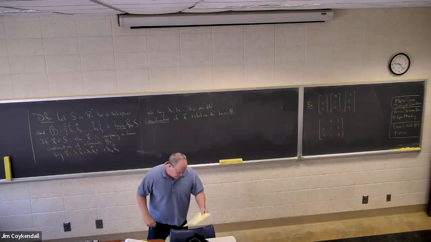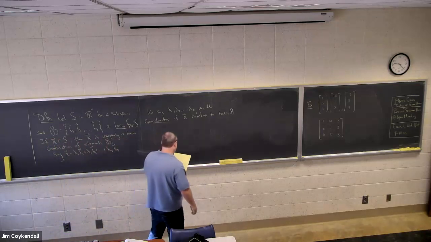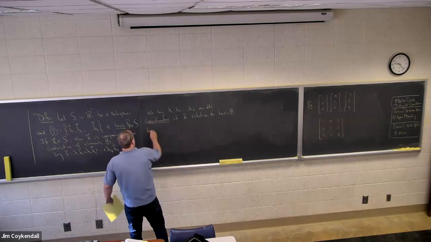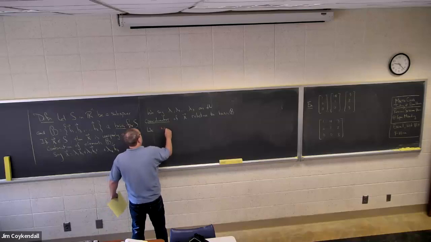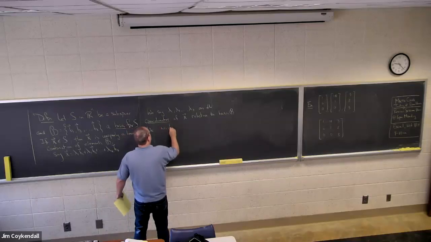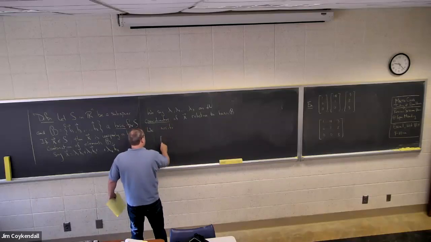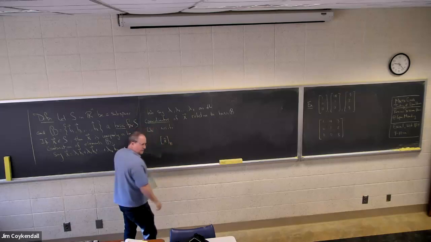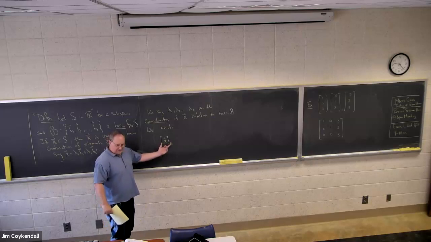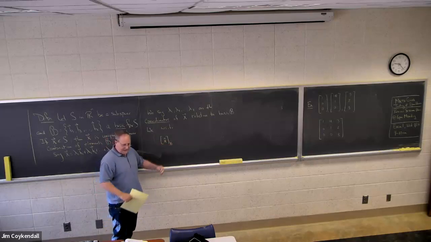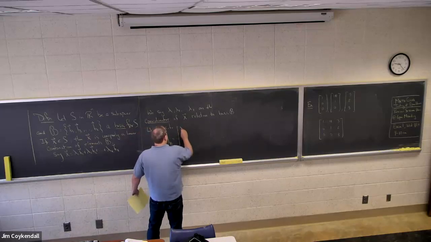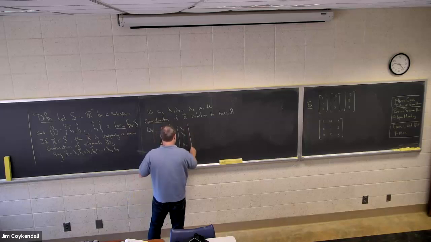And I'll show you how that connects to terminology you're probably used to. Sometimes we write, read this as, the vector x with coordinates in B is lambda 1, lambda 2, up to lambda k.